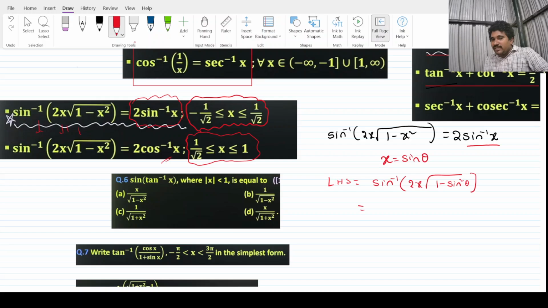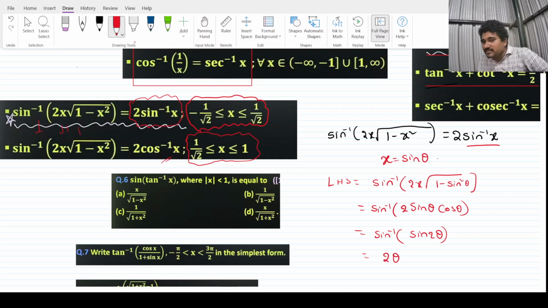What is 1 minus sine square theta? It is cos theta. But what is x? I forgot to write. 2 sine theta cos theta. So what is the formula for 2 sine theta cos theta? Sine 2 theta. So from here you will get 2 theta.